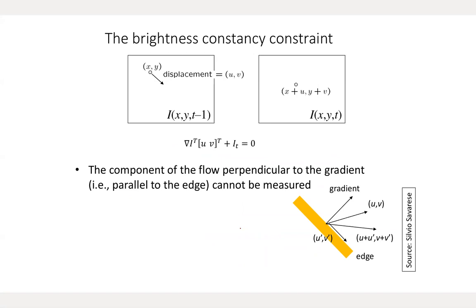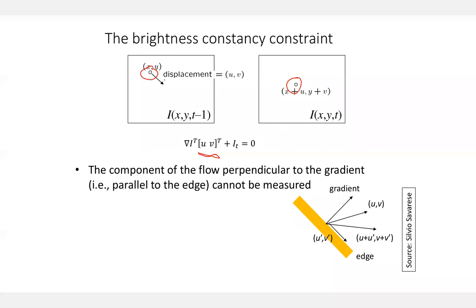Maybe before trying to solve for u and v, just one remark here. You can only find u v realistically when there are some distinct features for the point you're tracking.